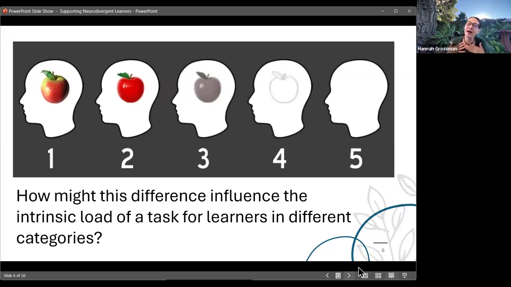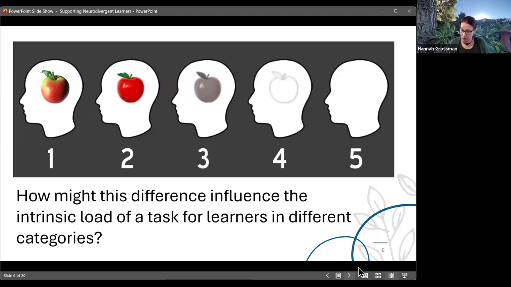I am somewhere between a 4 and a 5. In my head, when you say close your eyes and picture an apple, I am not able to draw the picture of the apple. I do not visually image information. I have a difference called aphantasia. What does that mean? Let's think about how that might affect me in a task.